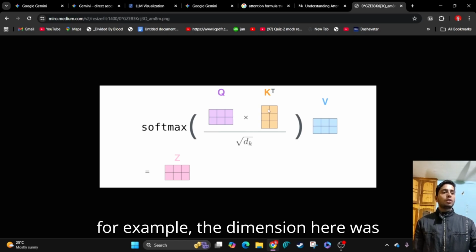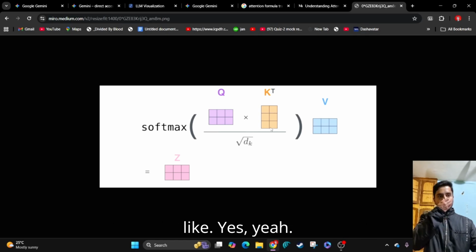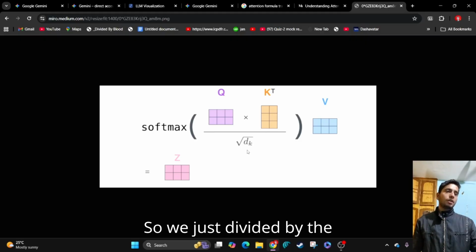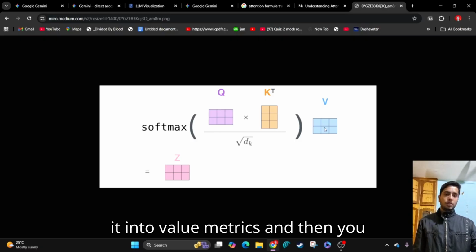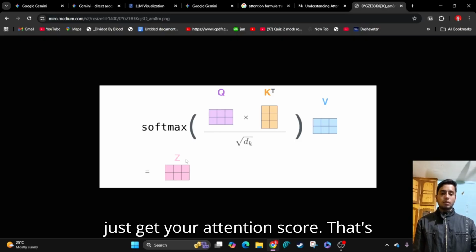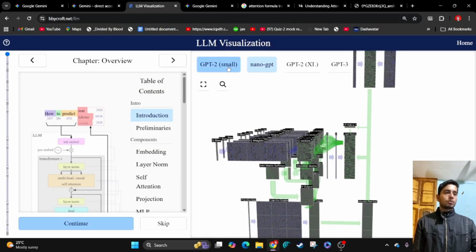For example, the dimension here was 2, so we divided by the root of it, and then we multiply it with the value matrix, and then you get your attention output. Yeah, that's pretty much it.